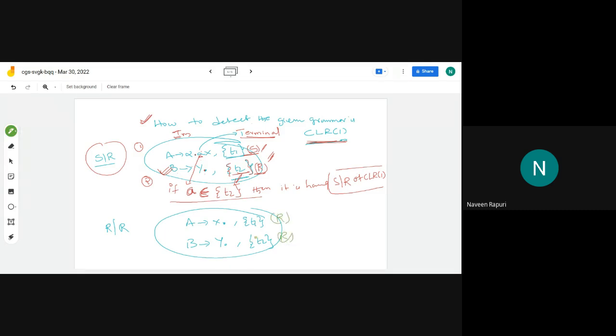And this is also a reduced production. So both are reduced productions.